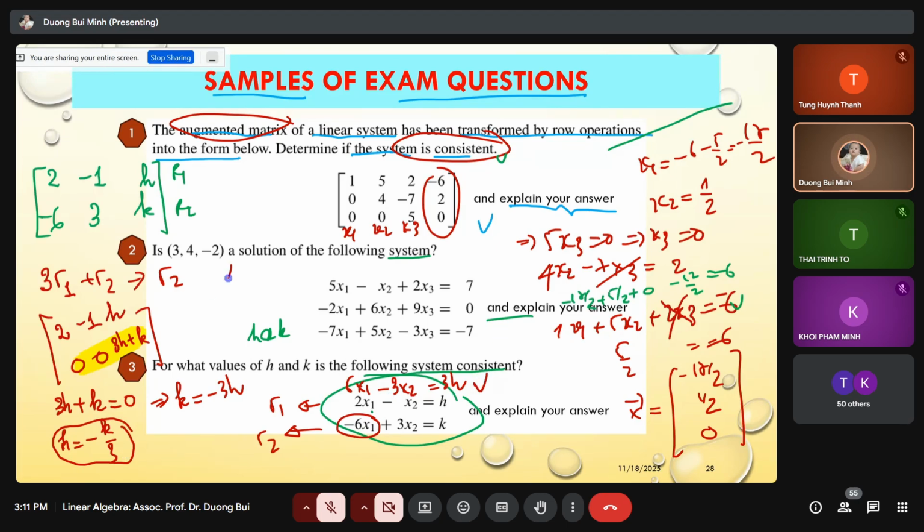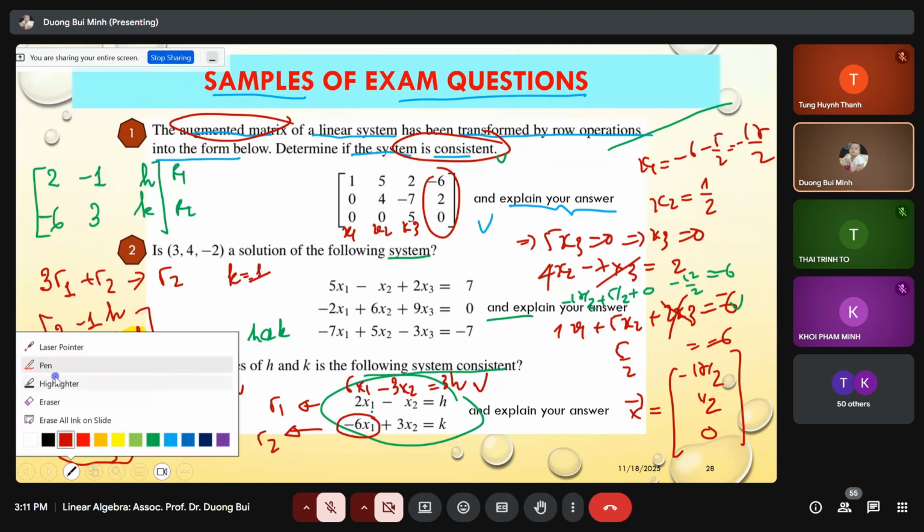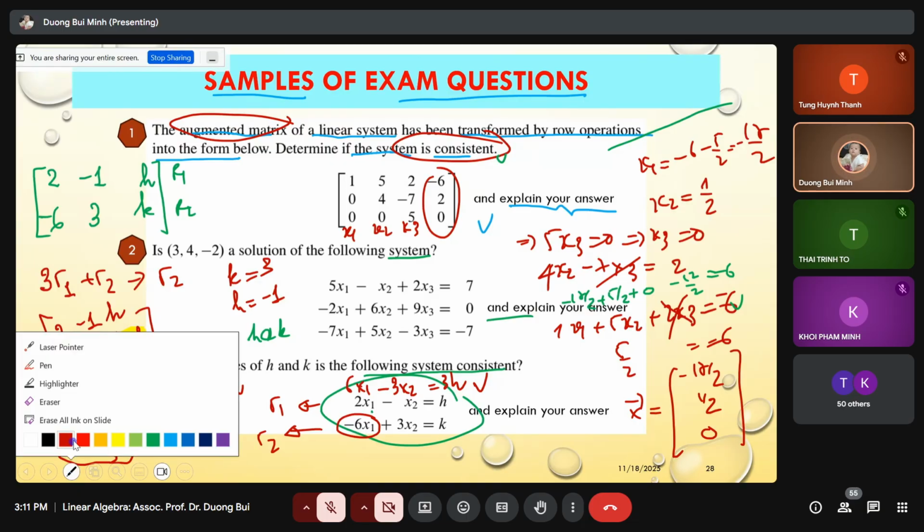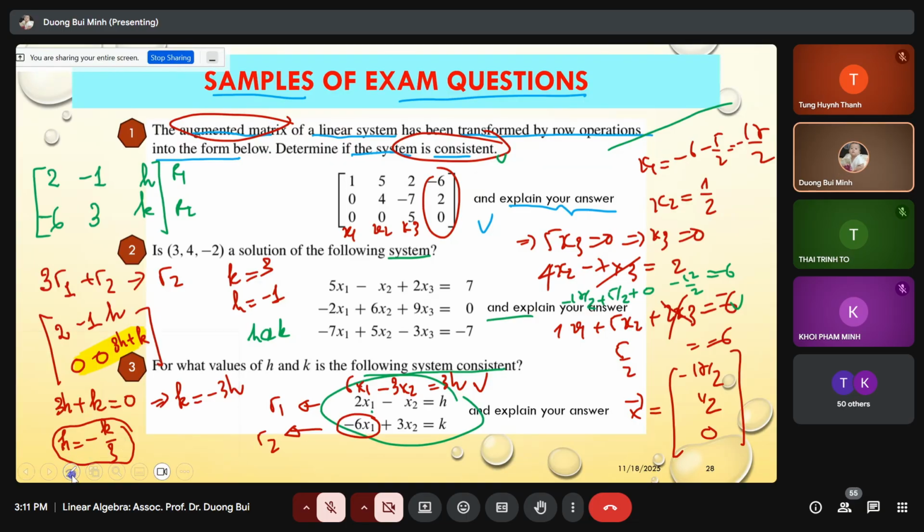For example, if we have k equals 3, x is minus 1. So this is the condition to make the linear system consistent.